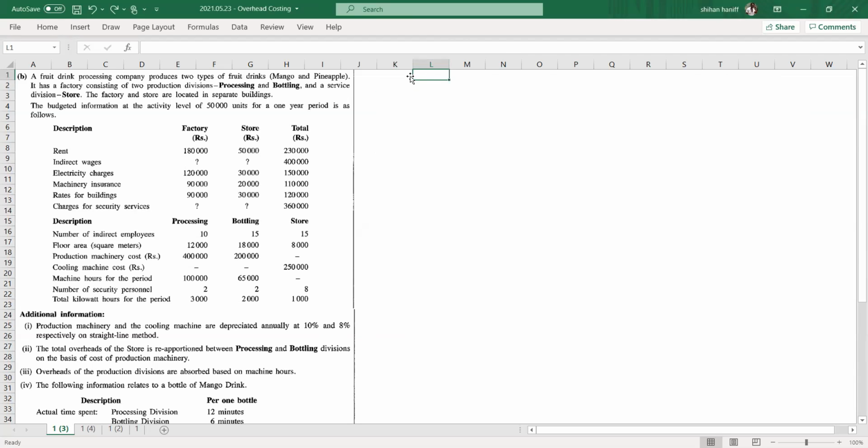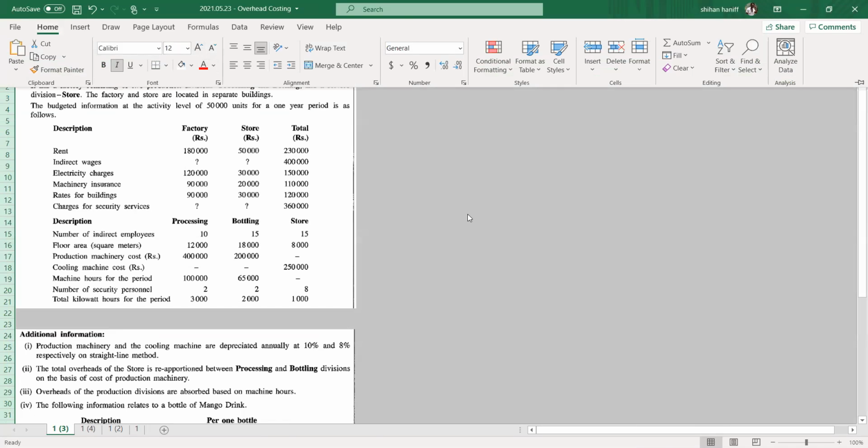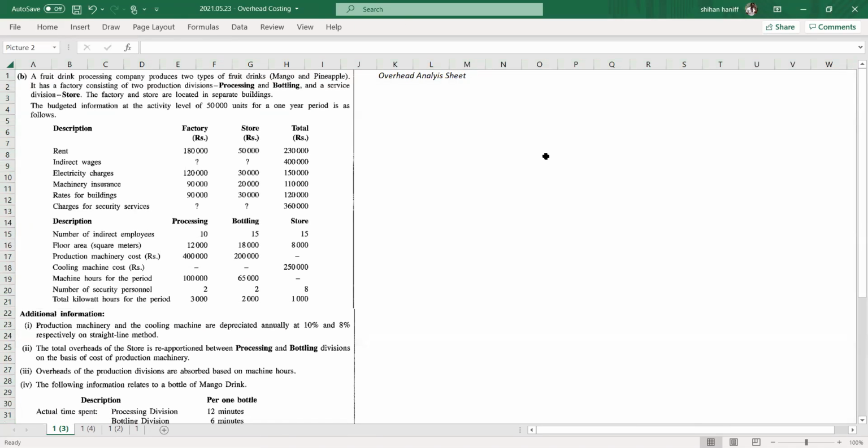So let's draw an overhead analysis sheet. Overhead analysis sheet.